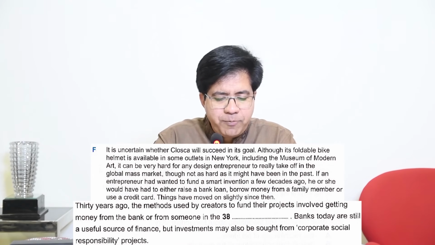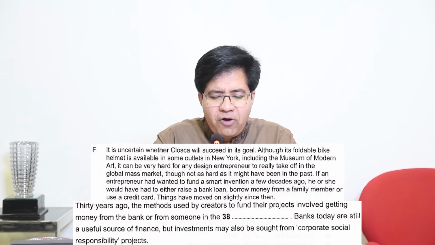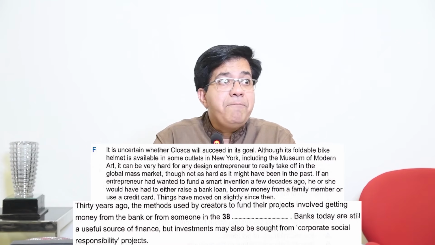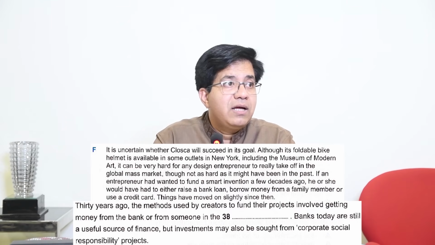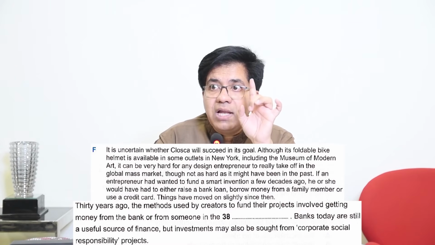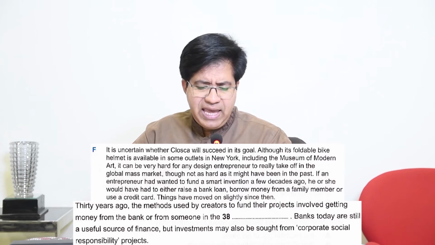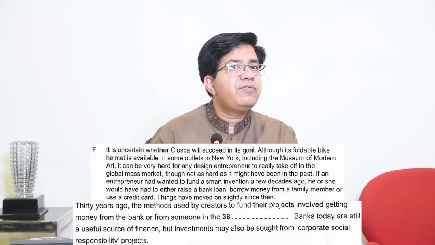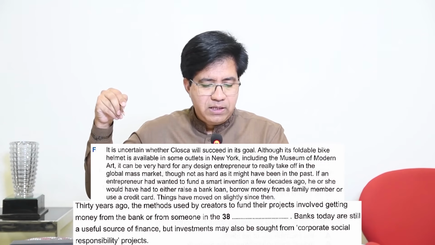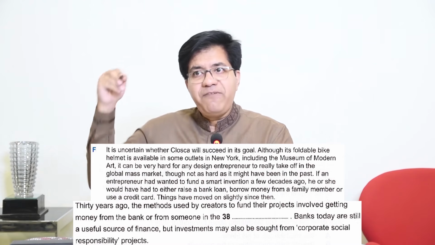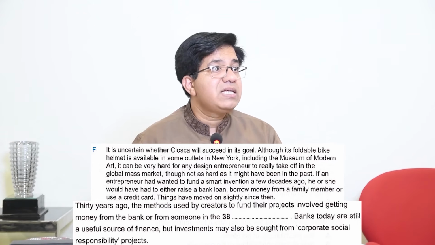Now what is the second option? Borrow money from a family member. What will be the answer? Family. Because it's one word only. For member they have used the word someone. Someone in the family means family member.